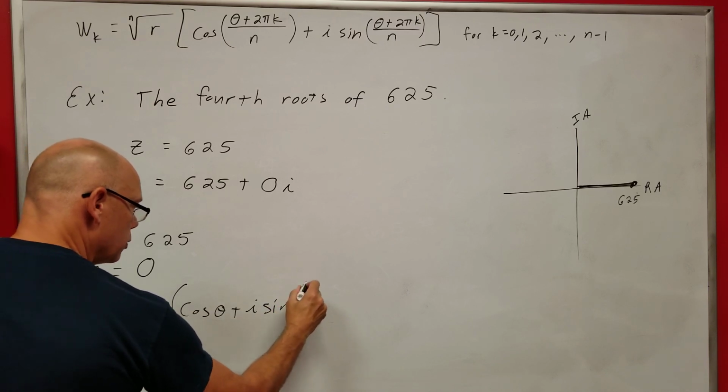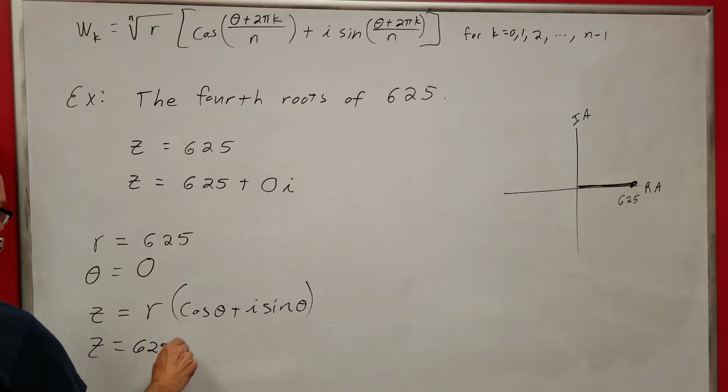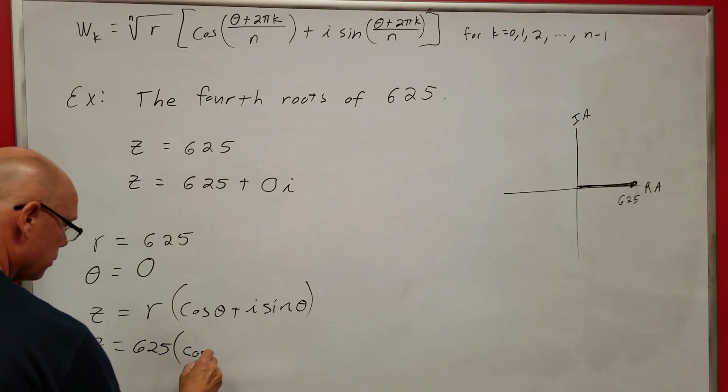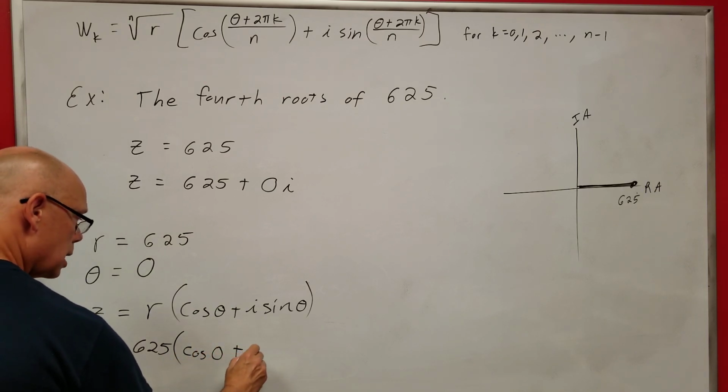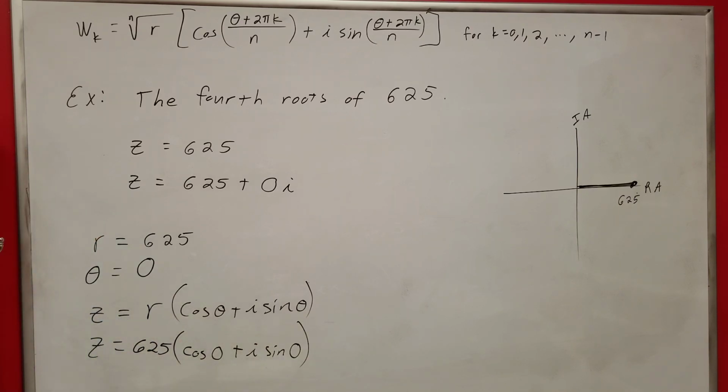So my number is going to look like r, which is 625, times the cosine of 0 plus i times the sine of 0. There's my number in polar form.